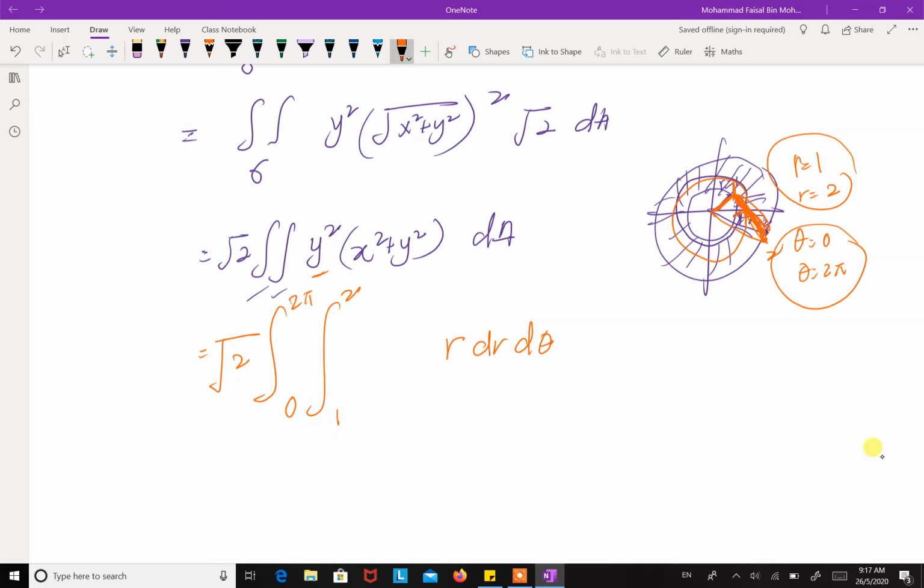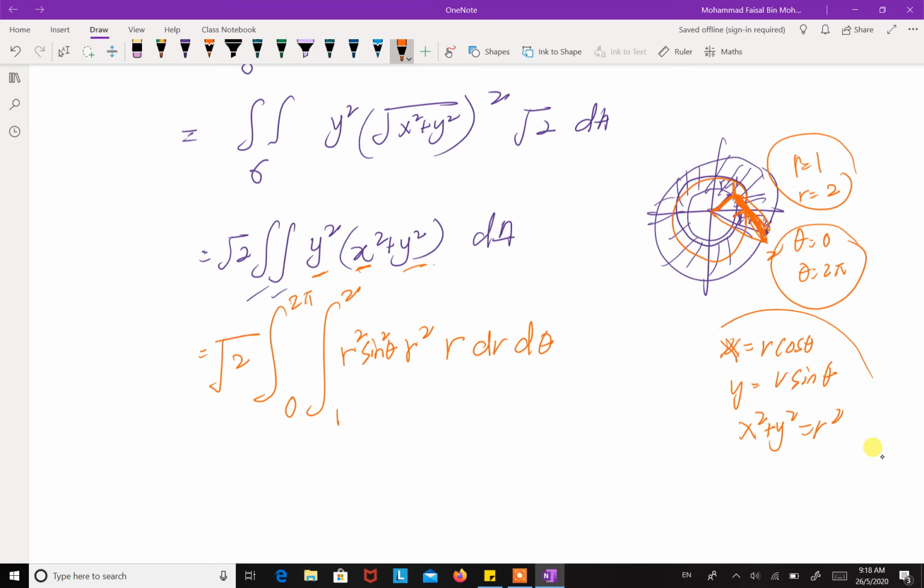So for this function you have to substitute x equals r cos theta, and y will be r sin theta. So this will be r squared sin squared theta, and x squared plus y squared will be r squared.